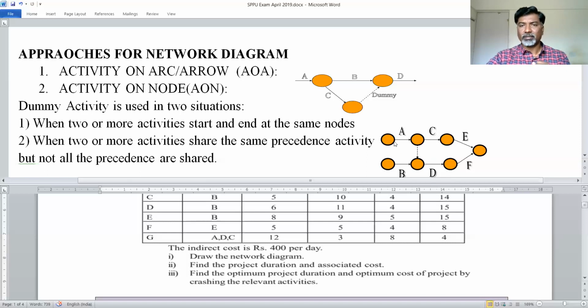Instead of drawing two arrows, you would have to write A here and A here also. That is the wrong way, because C needs predecessor A and D also needs predecessor A. So I cannot draw two arrows, with A here and A here. To avoid that, I have used this dummy activity. You can solve such types of issues by using dummy activities.